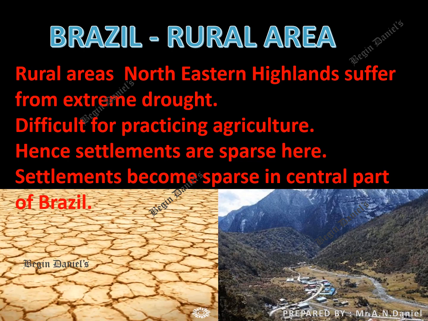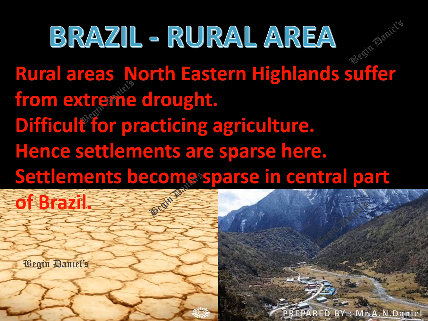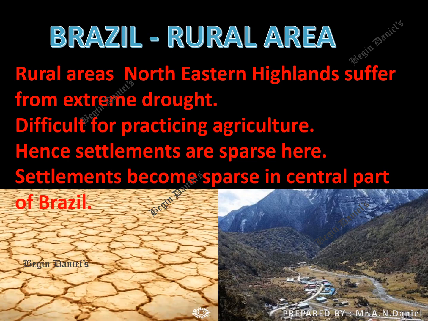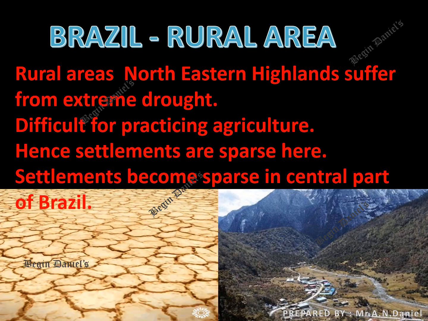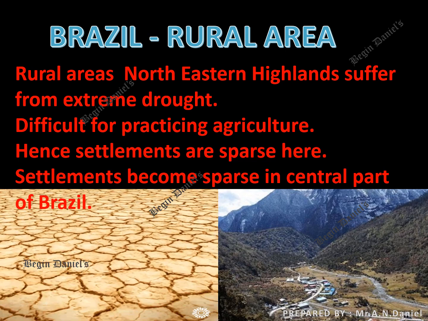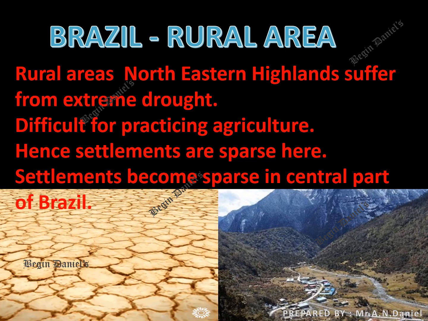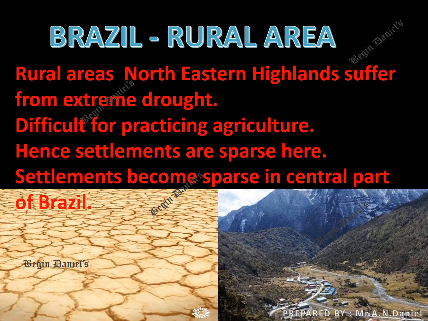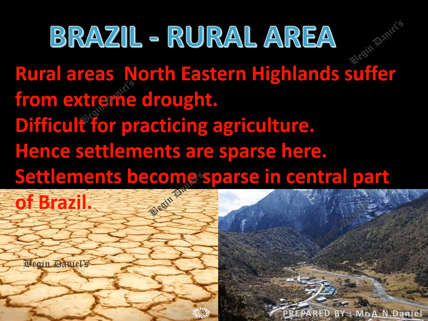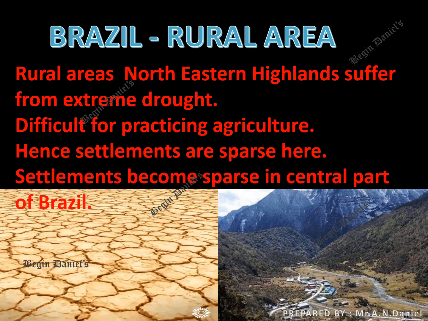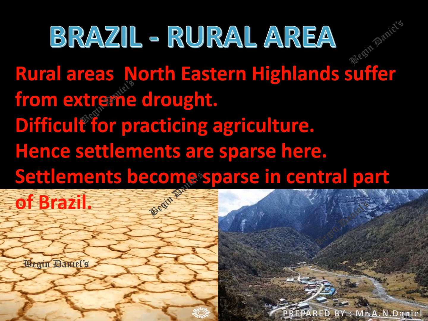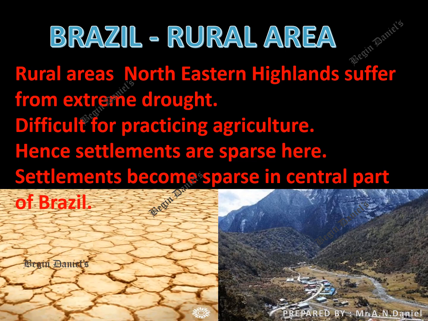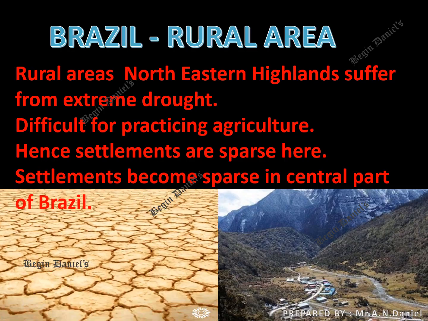In this northeastern part, it is very difficult to practice agriculture. We cannot cultivate crops because of inadequate or low rainfall. So the settlements in this area are very sparsely populated. Even the settlements become sparse in the central part of Brazil. So in this area, you can find rural types of settlements.